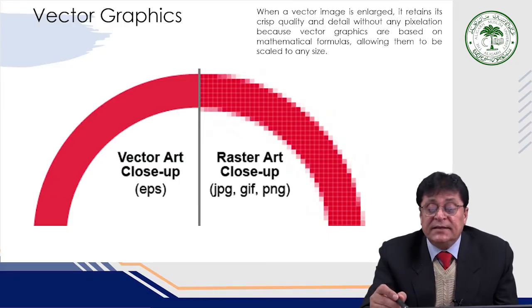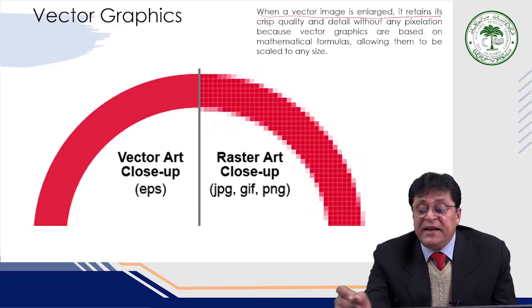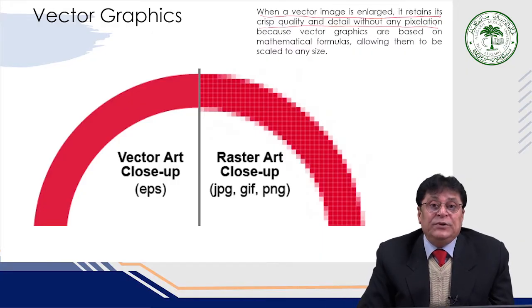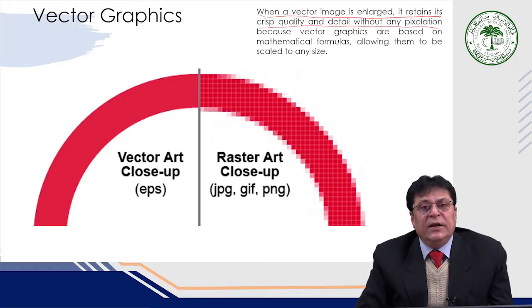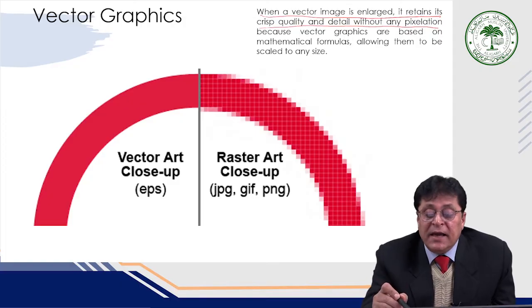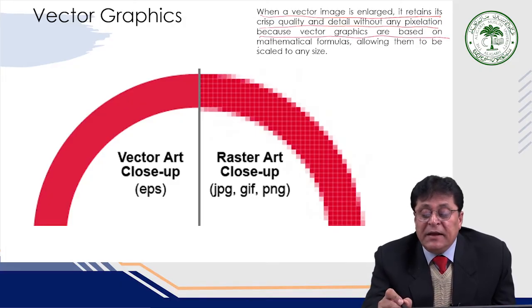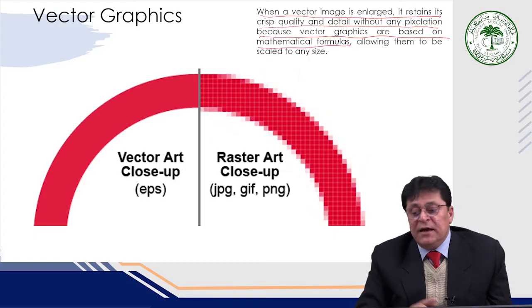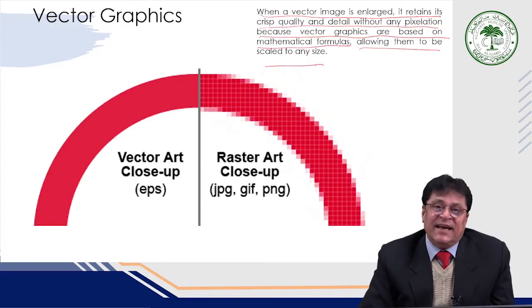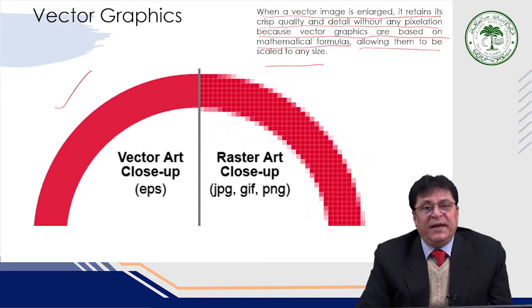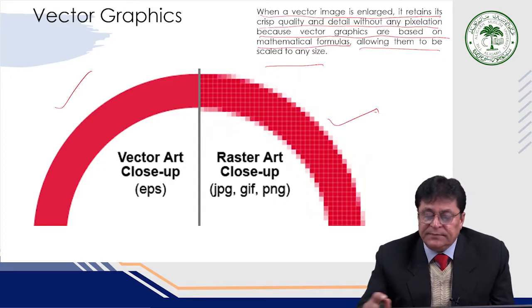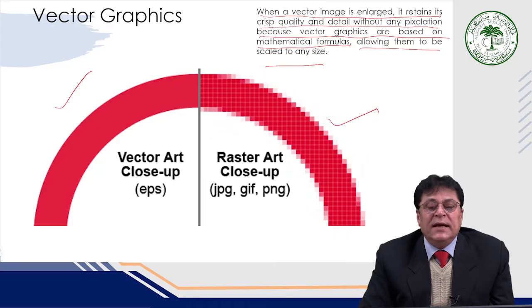As opposed to this, when vector images are enlarged, as we discussed, they can be scaled up to any size without any loss of quality. So, it will not have the problem of distortion or pixelation, because vector graphics are based on mathematical formulas which allow them to be scaled to any size. Look at this image, this right part.